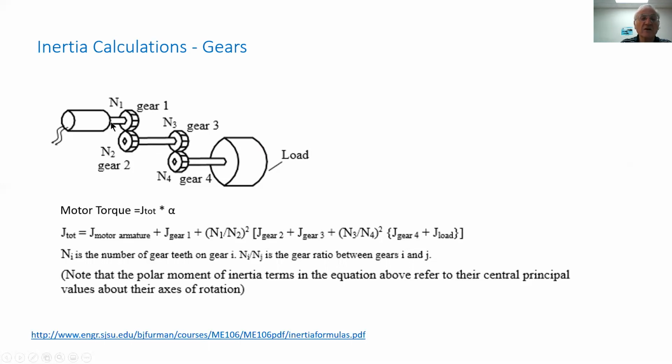We reflect it on the motor shaft by multiplying by the number of teeth, or the radius, of this gear, squaring it, and then we have this whole reflected on this shaft. And to find the total inertia, we add to it the inertia of gear N1 plus the inertia of the motor. And then we can continue calculating the motor torque by multiplying this total inertia times the angular acceleration of the motor.